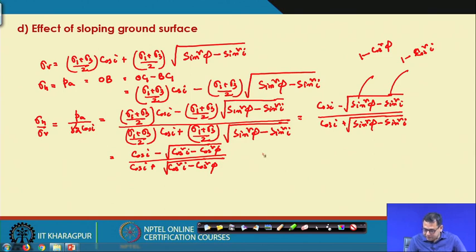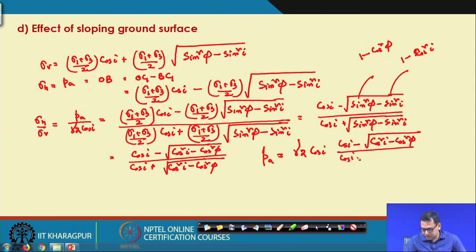So, finally, the PA active pressure is γz cos i minus root over cos²i minus cos²φ, divided by cos i plus root over cos²i minus cos²φ. So, I can write γz into KA. Okay.